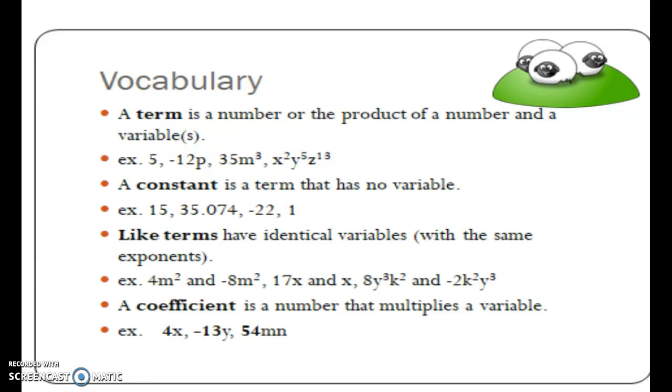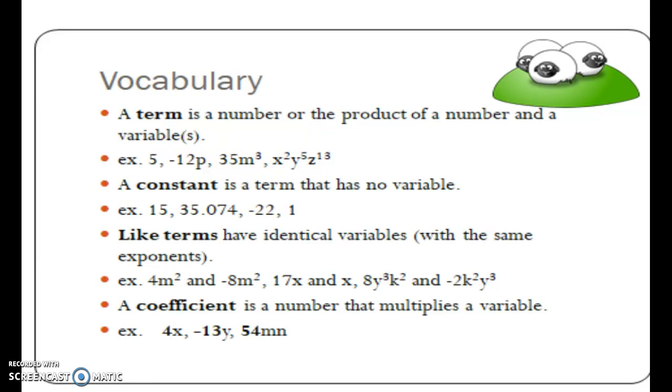The next term that you need to be familiar with is constant. A constant is a number with no variable next to it, no letter. So 15, 35.074, negative 22, 1 are all examples of constants.